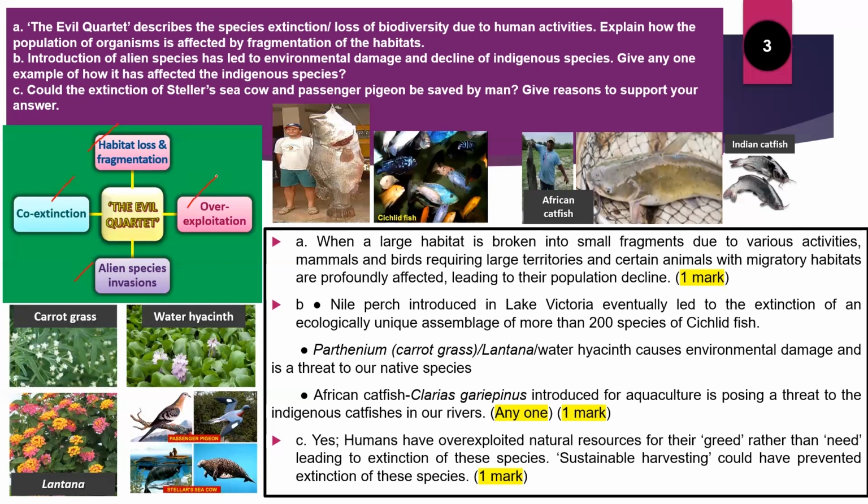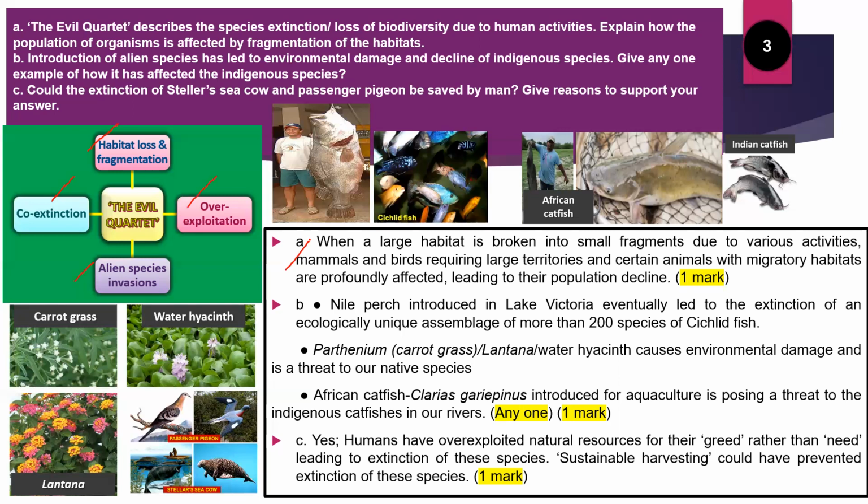Okay, so when a large habitat is broken into small fragments due to various activities, the mammals and birds requiring large territories and certain animals with migratory habits are profoundly affected. So this leads to their population decline.